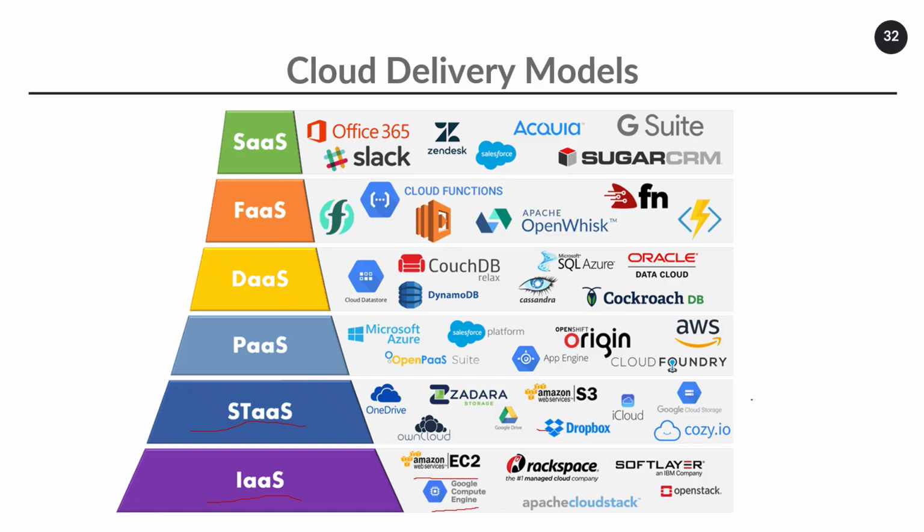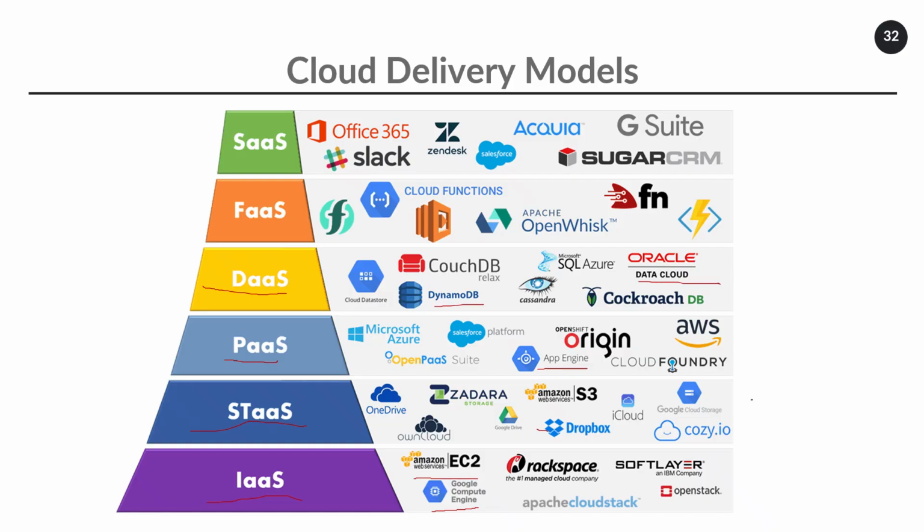Platform as a service: Azure provides that, but you can also have Open PaaS suite, the App Engine. They are pre-configured platforms ready for deployment and application development, etc. Database as a service: you can have Oracle Data Cloud, for example, Dynamo.